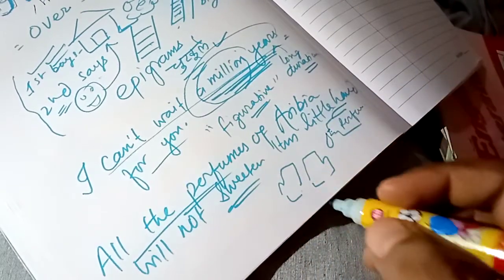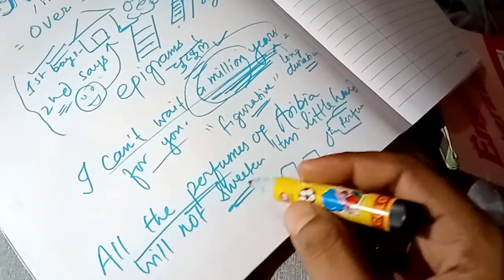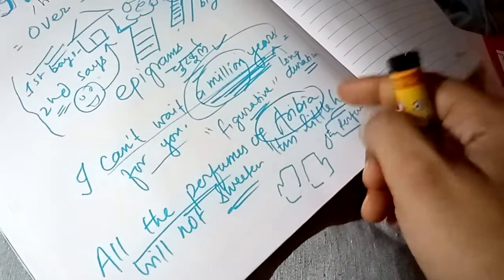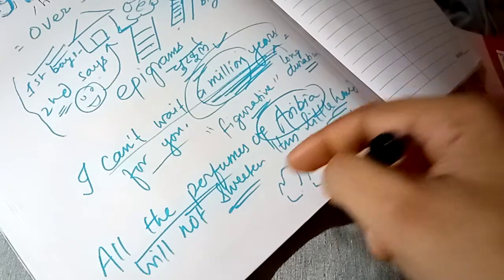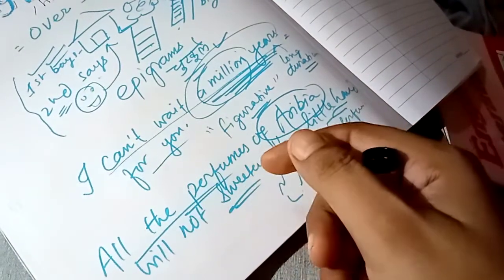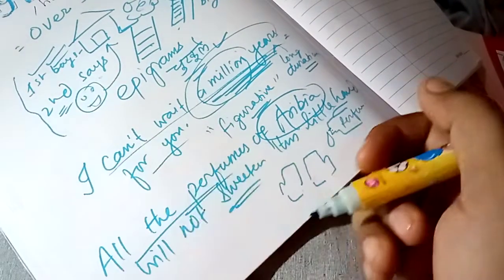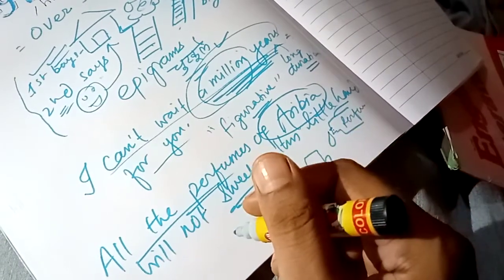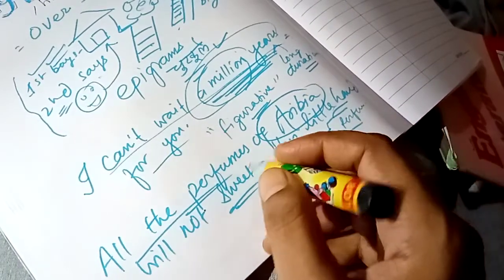But what's the dialogue? All the perfumes of Arabia, if all perfume will be brought and used to wash the hand, yet the stain of the blood remains.